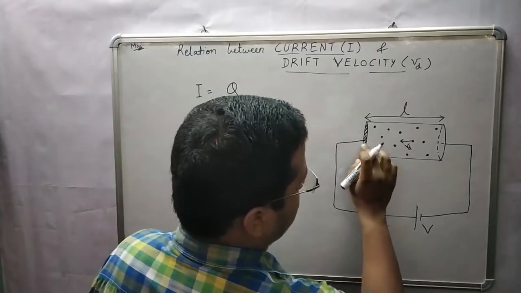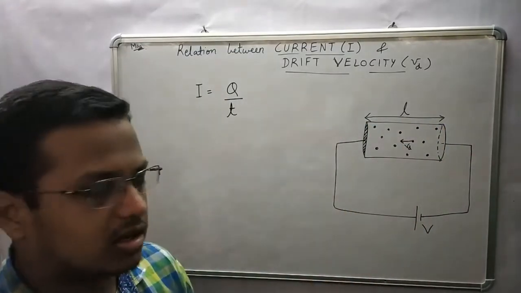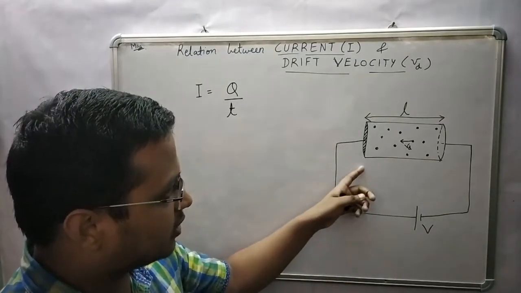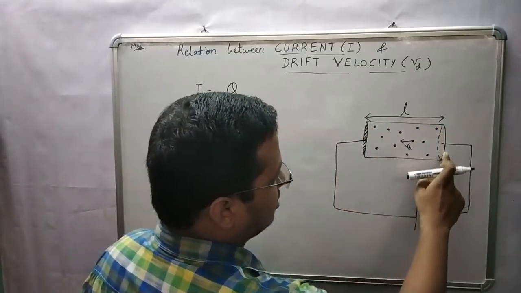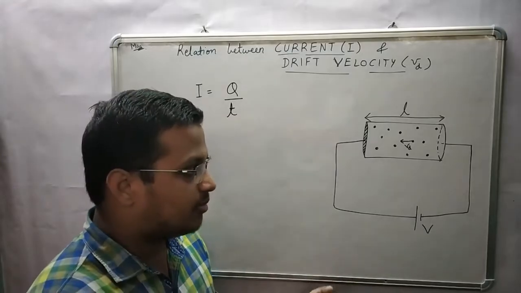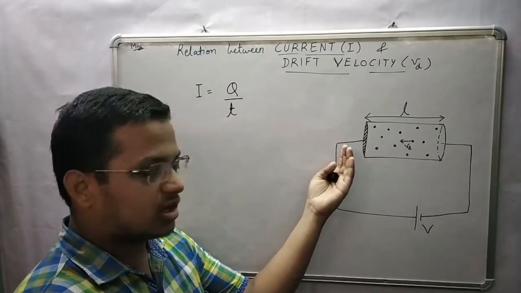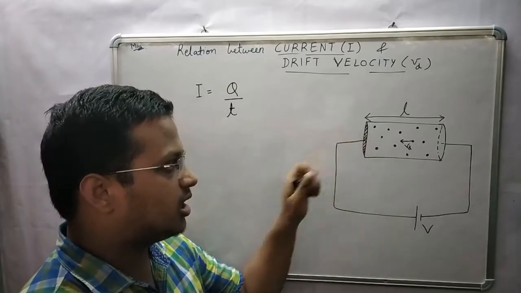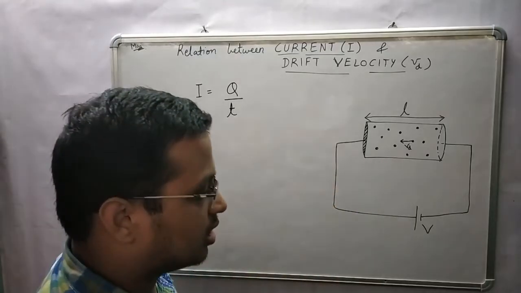Suppose we know how many charges are present in this conductor of length L, and we know the time taken by all those charges to cross the cross-sectional area. Then we will be able to find the current flowing in the circuit.